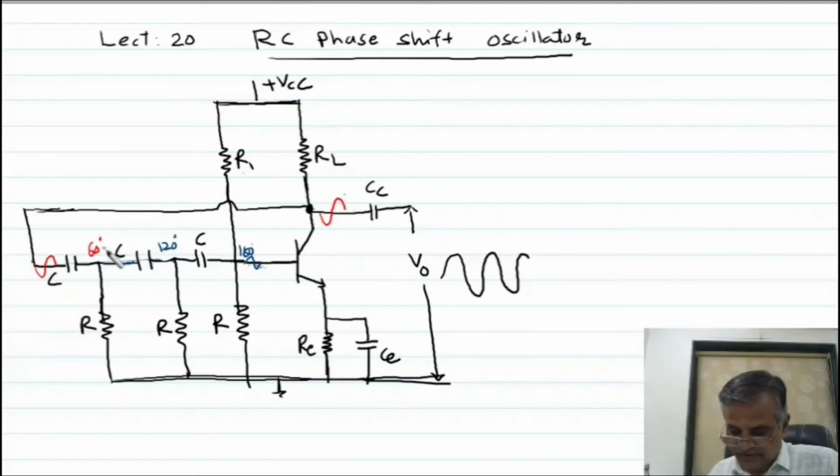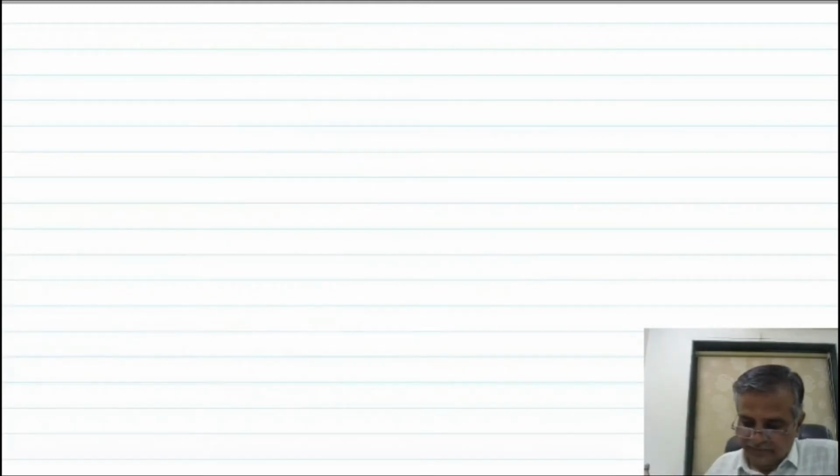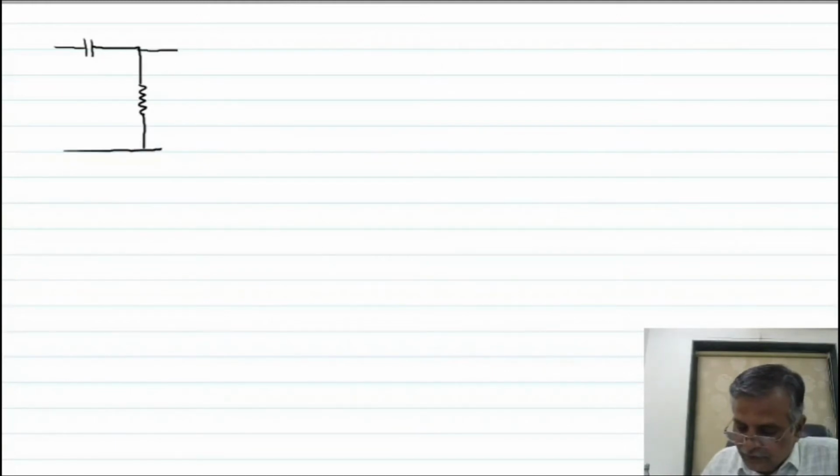So I am taking this RC section. Look here, the way I am taking. This is your one RC section, this is your second RC section, and this is your third RC section, which is given to the base.